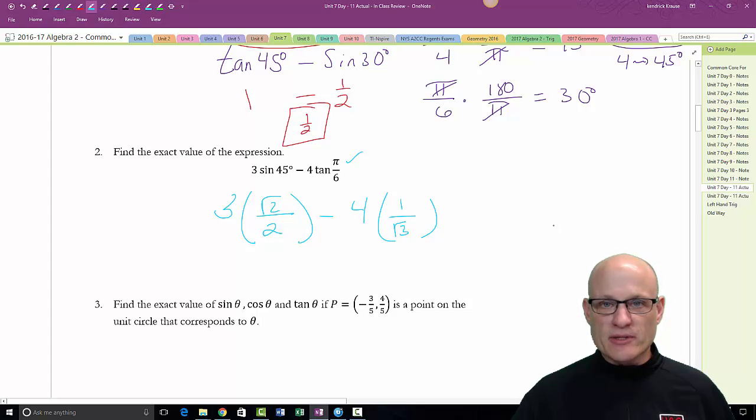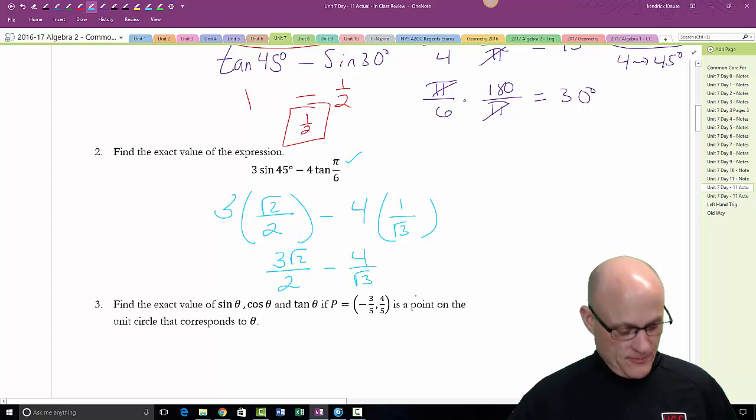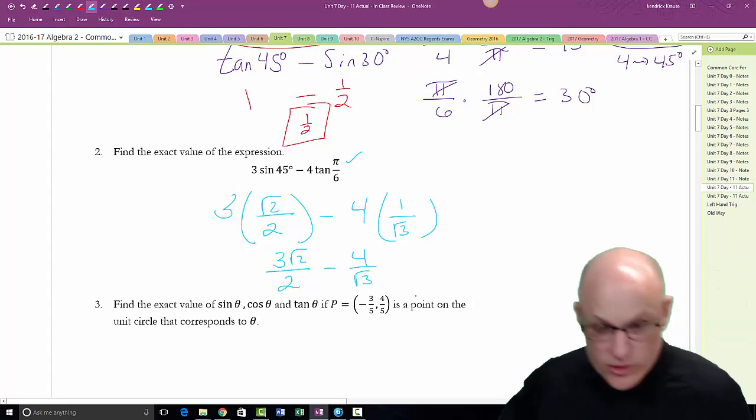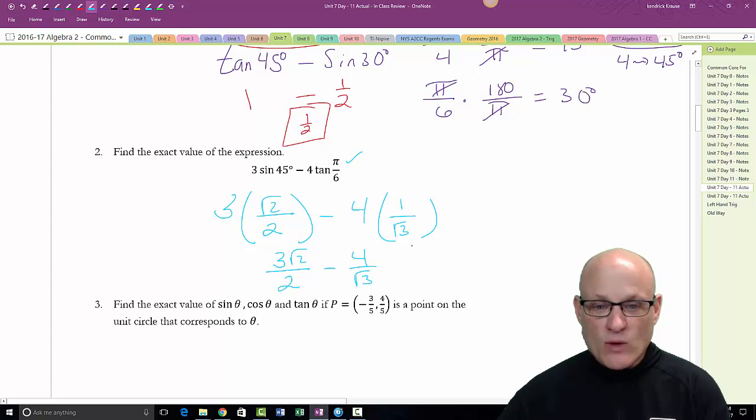This looks like it's going to be sort of a mess. So this first one is going to be 3 square roots of 2 over 2 minus 4 over the square root of 3. Now, the problem with this is we are not allowed to have a radical in the denominator.